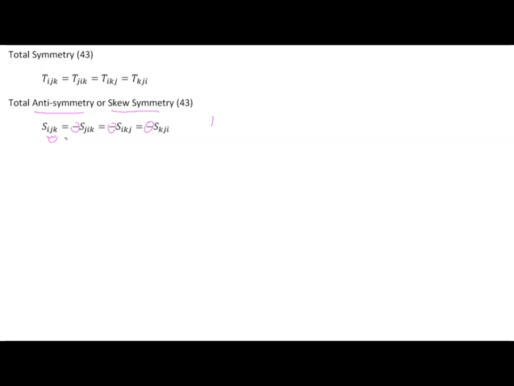The only way that any of these can be non-zero is if the indexes have unique values, such as 1, 2, 3. If there are any duplicates in the indexes, the value is going to be 0. And if there are no duplicates, then half of the values are going to be positive and half are going to be negative, depending on whether the order of the indexes is an even or an odd permutation of the unique values of the indexes.